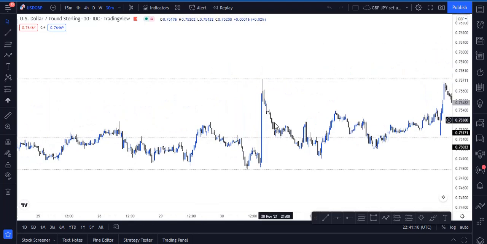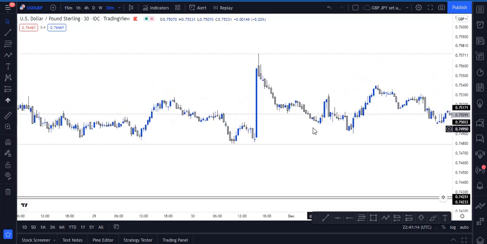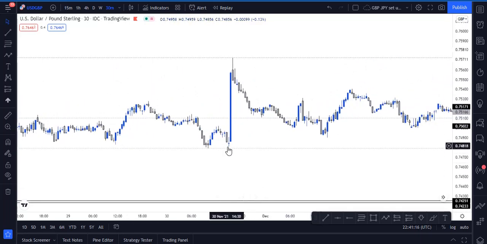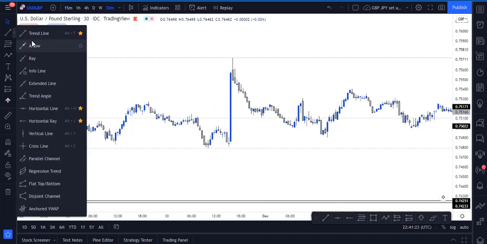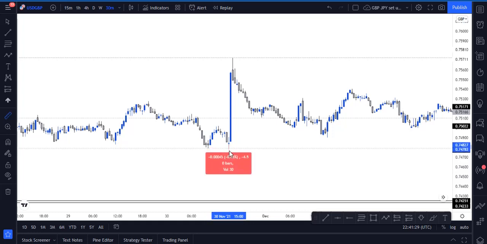Now this is how you want to trade this. For instance, this was where price was before the spike took place. So what you want to do is to set your buy stop and your sell stop, let's say 40 pips away from here, or let's use 30 pips first.